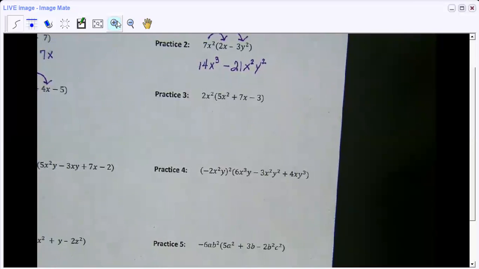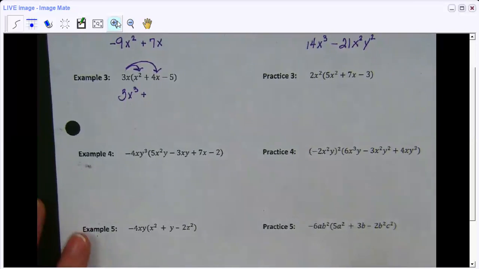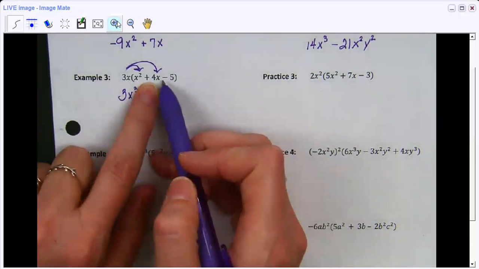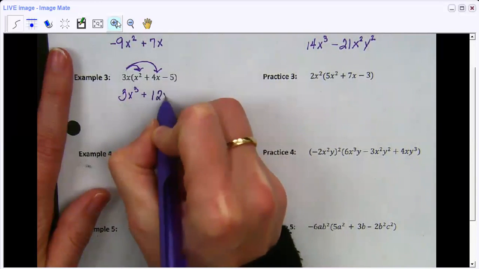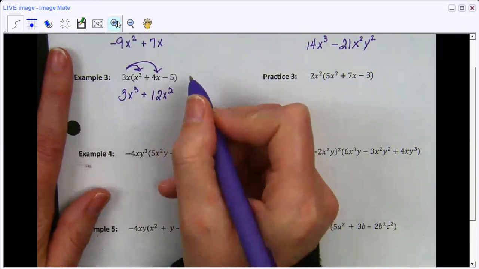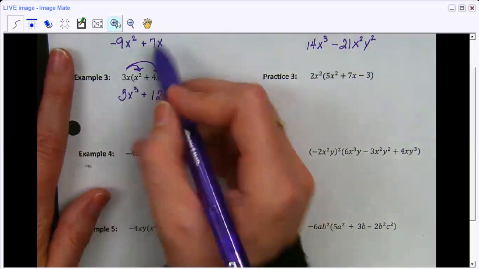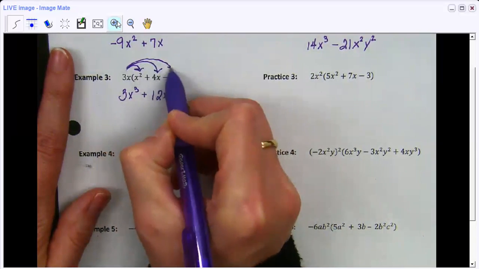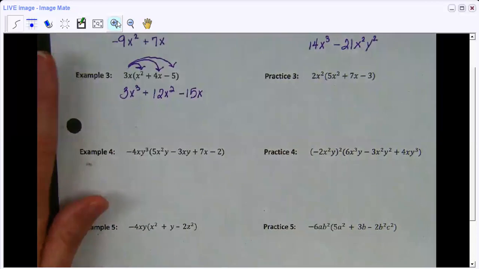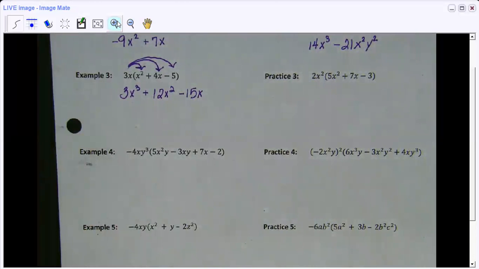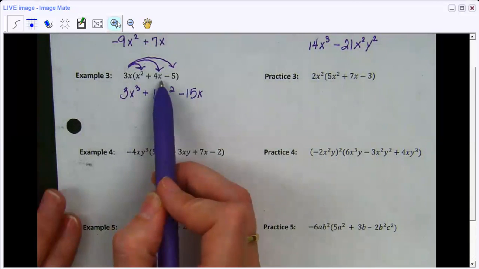Yes. Then I do 3x times 4x, the second term, which gives you a positive 12x squared. And then 3x times a negative 5 is negative 15x. That was a monomial by a trinomial.